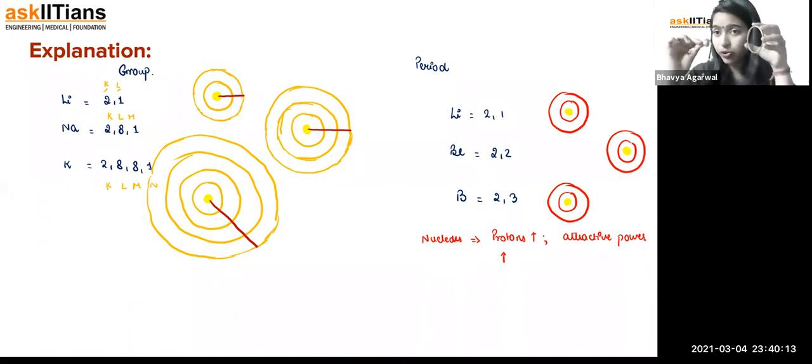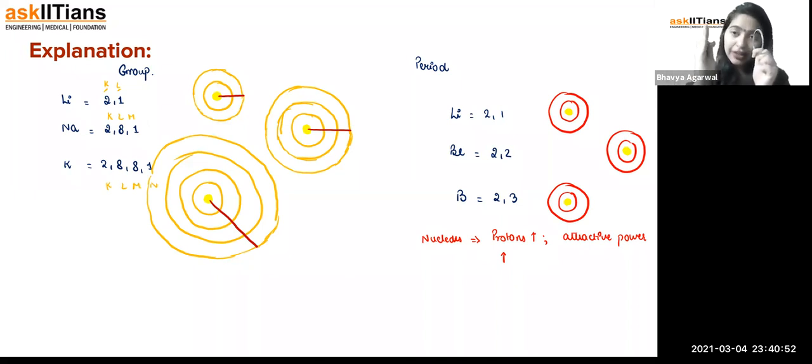Now, as the number of protons increases, what is happening? Its attractive power is increasing. Now, since its attractive power is increasing, what will happen? It will attract this more towards itself. So this was the nucleus. Previously, this was the location of the electron and the nucleus. Now, the moment the nucleus has more attractive power, the electron will move a little closer to it. Basically the electron alone cannot move, so it will take the space in which it is moving.